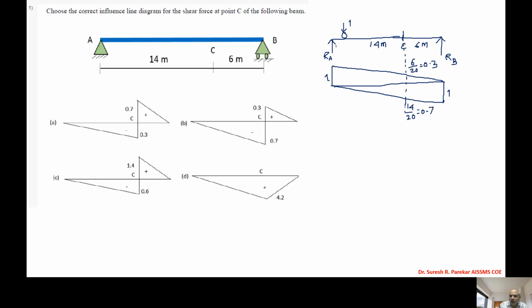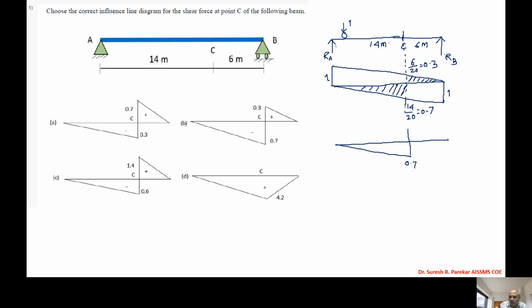And when the unit load is between A to C, we have shear force equal to minus RB, therefore we have plotted below. And when the load is from C to B, we have shear force equal to RA. So this portion. And therefore we are going to get shear force at C. If I plot, then we have shear force at C, this is 0.7.